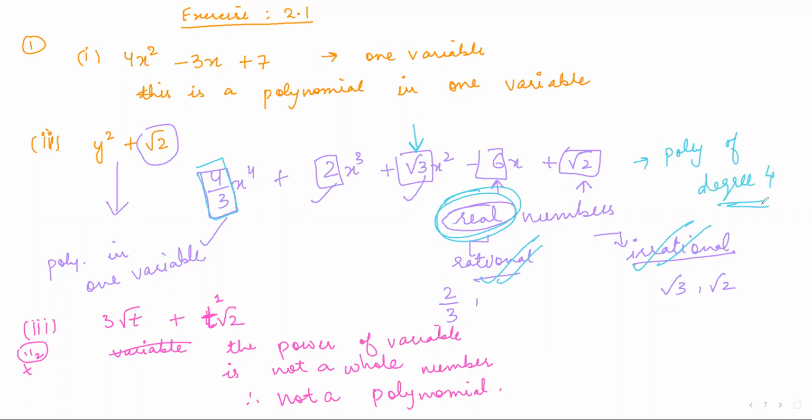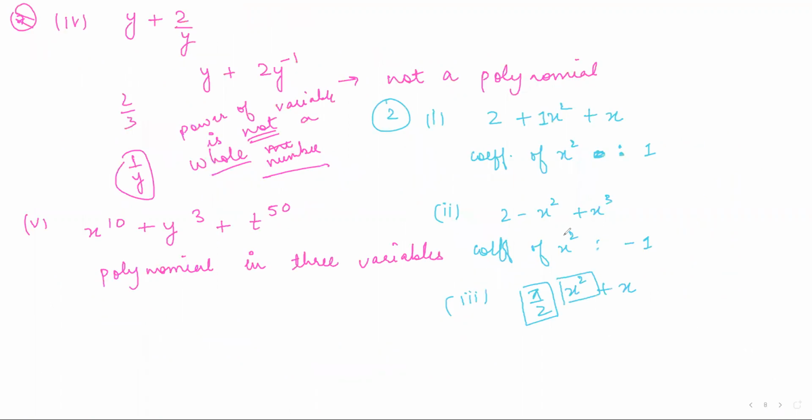So try to understand this thing. Whether it is a polynomial or not, you will only look at the variable, not the coefficient. Now, what is the variable here? Variable is x square. Power is 2, a whole number. Here the power is 1, that's a whole number.